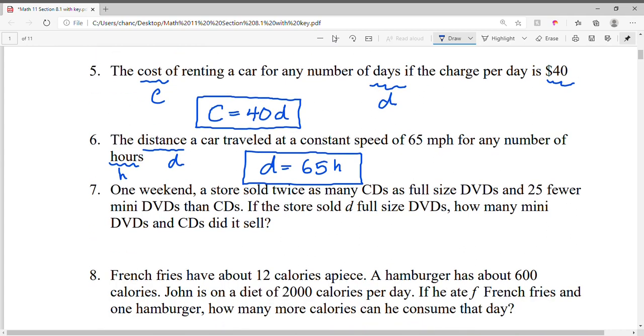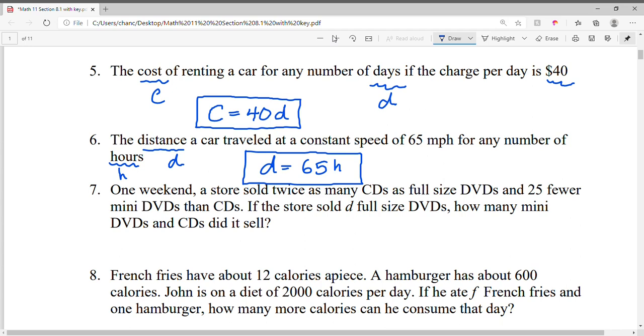Number 7, one weekend a store sold twice as many CDs as full-size DVDs and 25 fewer mini DVDs than CDs. If the store sold D full-size DVDs, how many mini DVDs and CDs did it sell? For question number 7, make sure you read this multiple times so you can understand what we're doing.